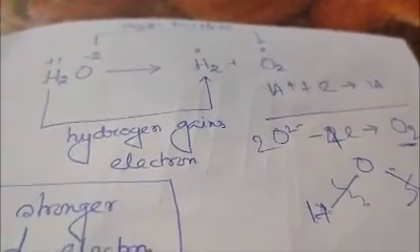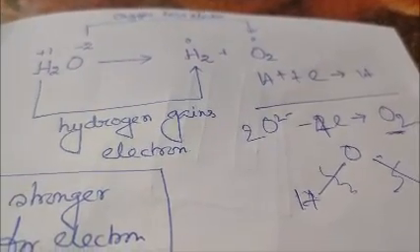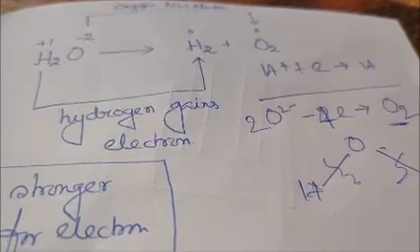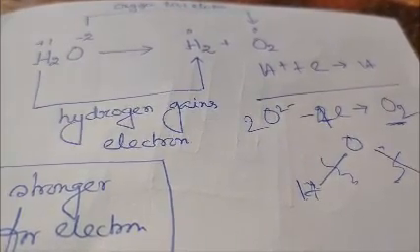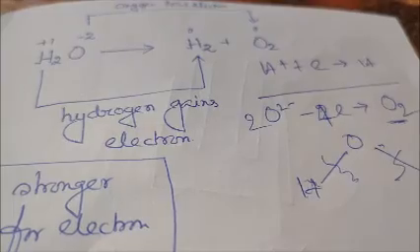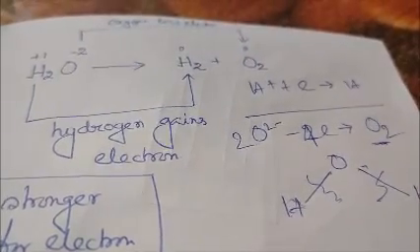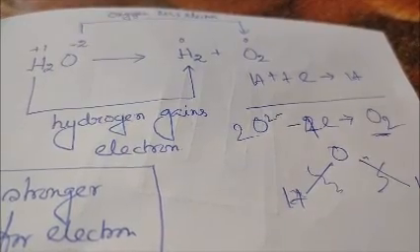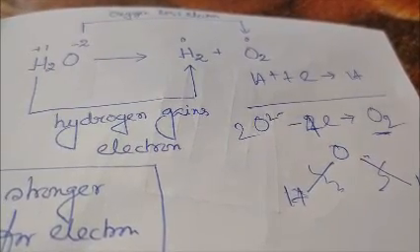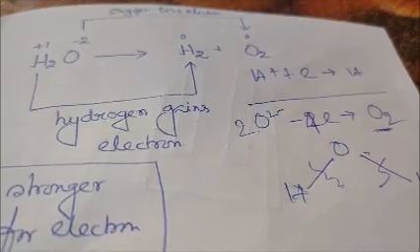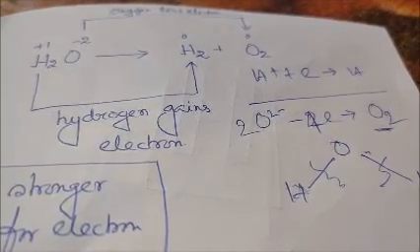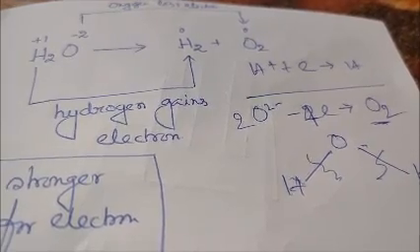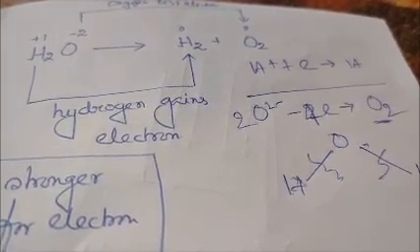But if you follow the standard reduction potential table which has been given to you, you will find that oxygen does not want to lose electrons, because oxygen has the stronger capacity to pull electrons toward itself, and hydrogen also does not want to gain electrons, because hydrogen has a lesser capacity to pull electrons toward itself.